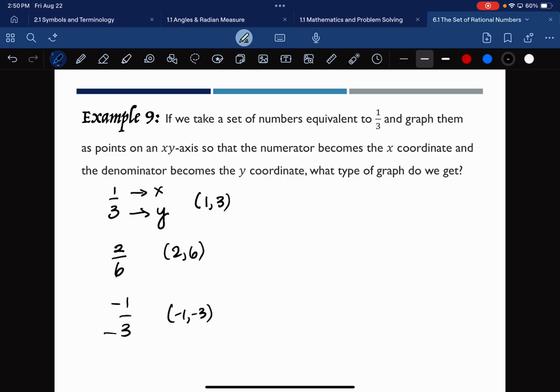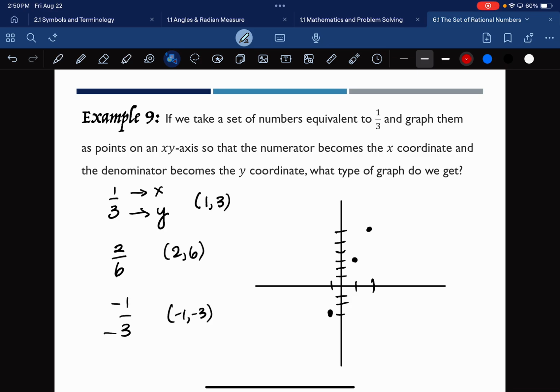And if we plot them, so let's plot them now and see what happens. So we're going to have (1, 3), and (2, 6), and (-1, -3).